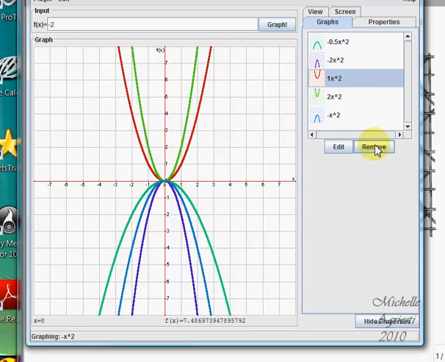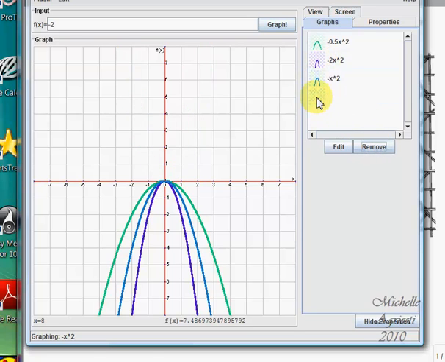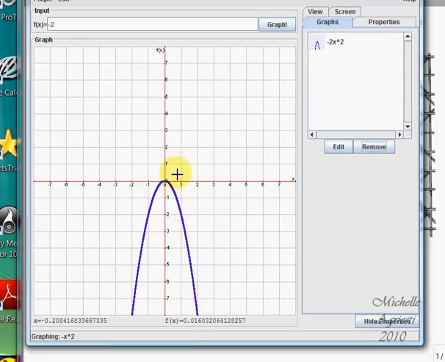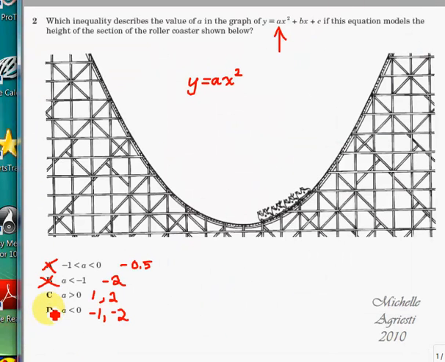So let's remove these other ones, we're getting kind of full. And there it is, opening down. So that does not work. And we found our answer. A is greater than 0. Remember that a determines if it's going to open up or down, and it determines how wide or narrow your parabola is.